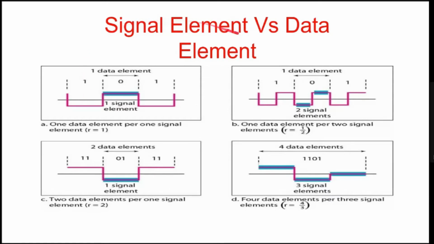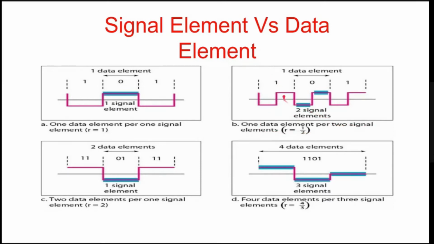Okay, come to the next diagram here. The same space is here, but it is divided into 2. Divided into 2, but the data element is 1. So what is the ratio here? One data element per 2 signal elements.